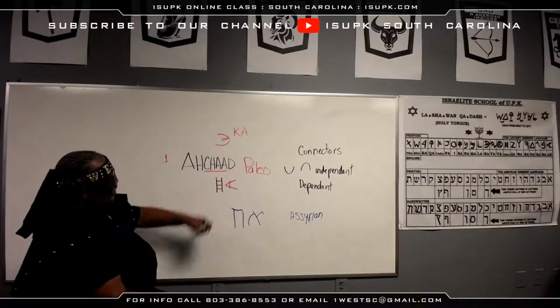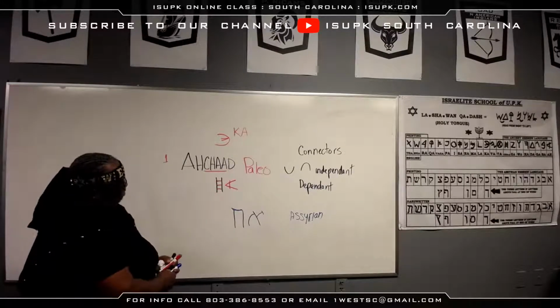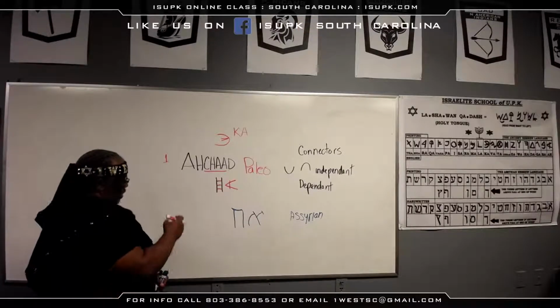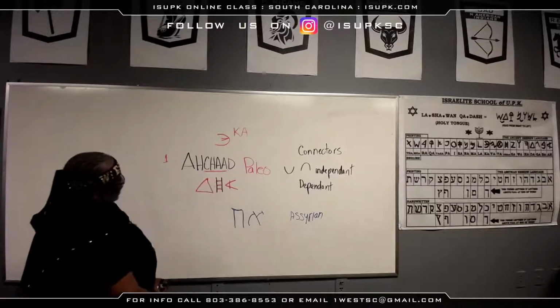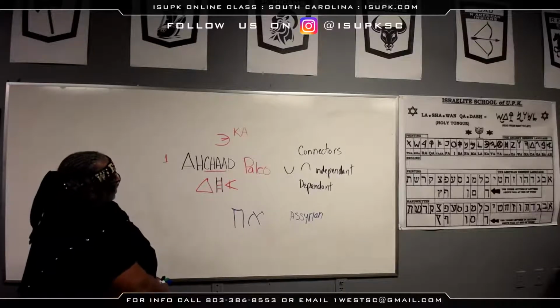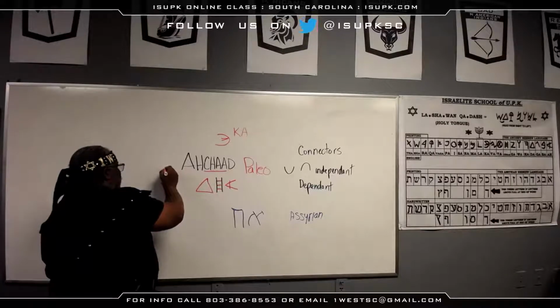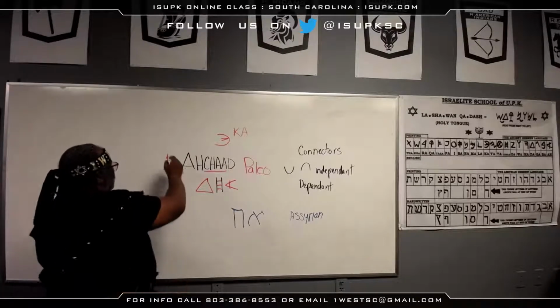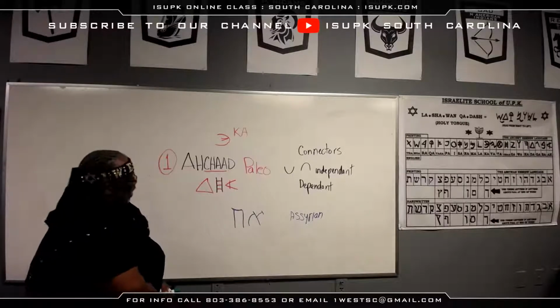We haven't gotten to the connectors yet, but you have to put a D on the end, and you go to what we call a D. In Hebrew Paleo, the D looks like this. Okay? Akkad. That is the number 1 in Hebrew. It's like saying one, akkad. Okay? All right?